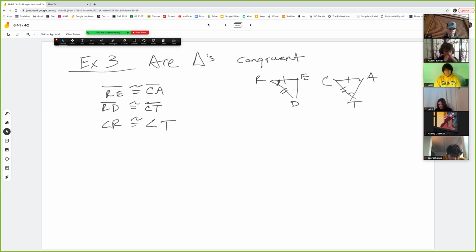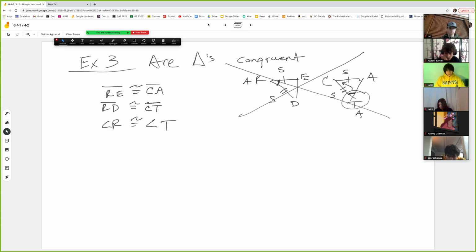But we do not have enough information because this angle is not this angle, meaning it is not included. You have side, angle, side, but here you have side, side, angle. All right? So therefore, no, you cannot prove that it's congruent. It might be congruent, but you cannot prove it. Okay?